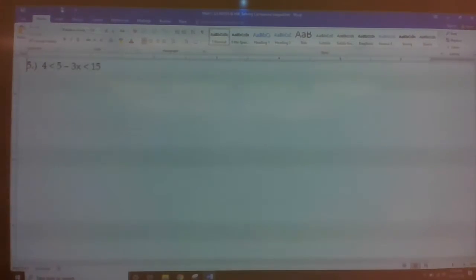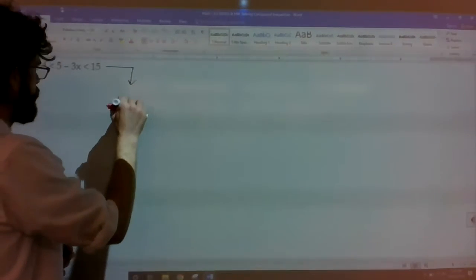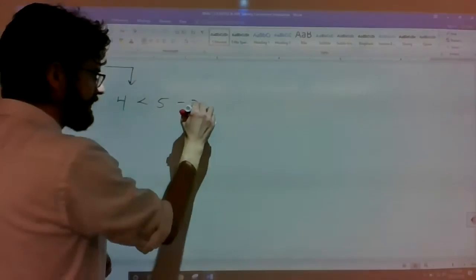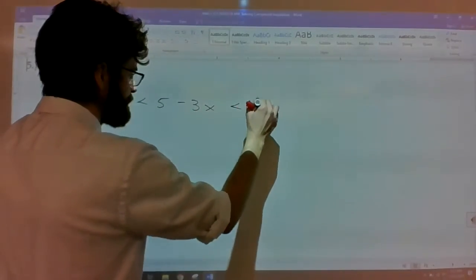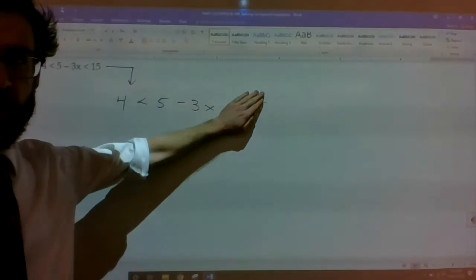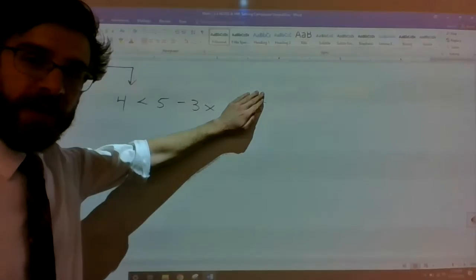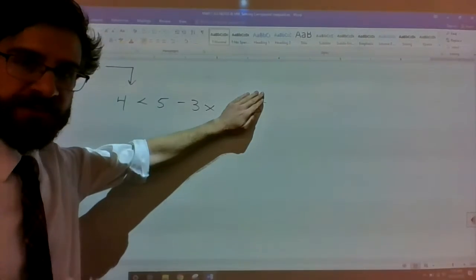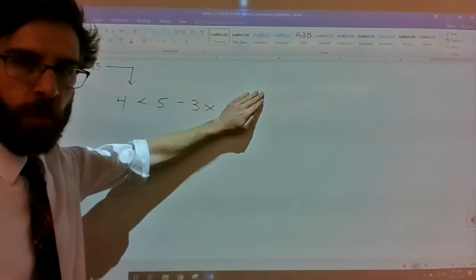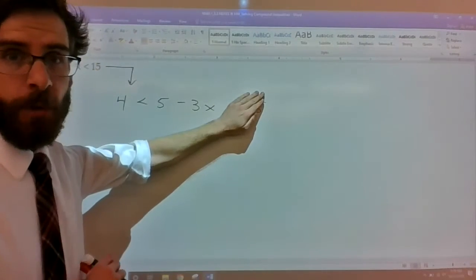All right, so when you get a compound inequality situation where they're connected at the beginning like this, the idea is I'm going to look at this as two inequalities. 4 is less than 5 minus 3x is a completely legitimate inequality. It can stand alone, and that's exactly what we're going to do.